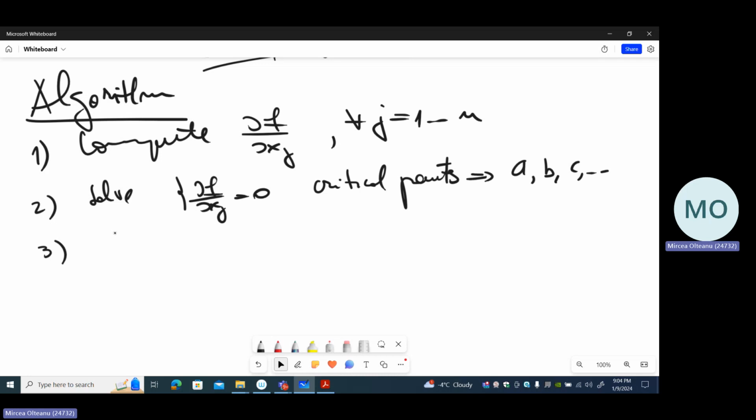Now, the next step is to compute the second order partial derivatives.